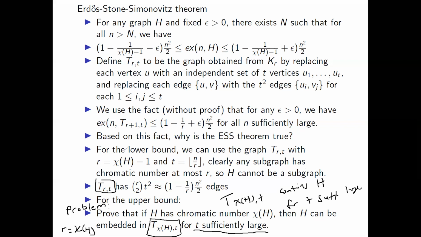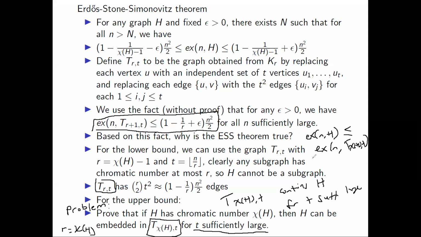And what does that mean? Well, then we can use the fact that ex(n, H) is less than or equal to ex(n, T of chi of H comma t). And we can apply this upper bound, the one that we stated without proof.